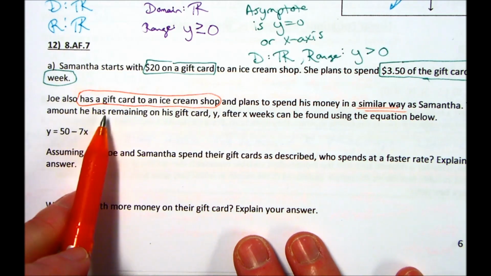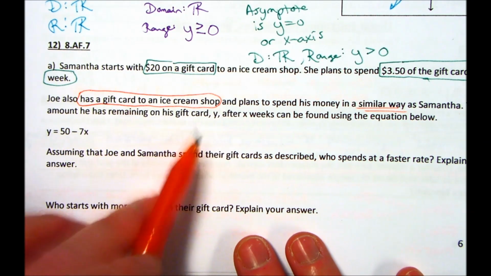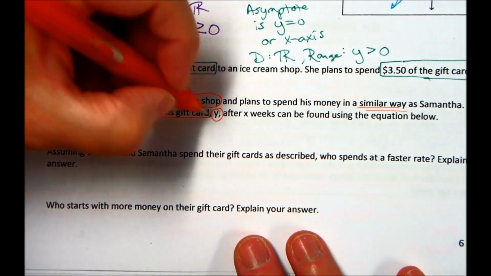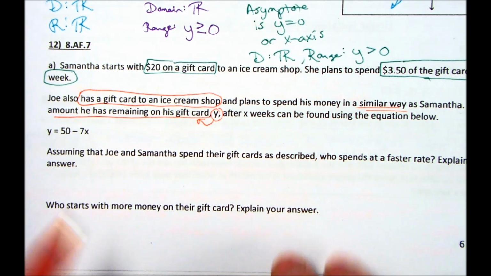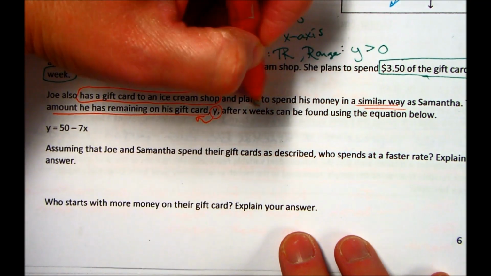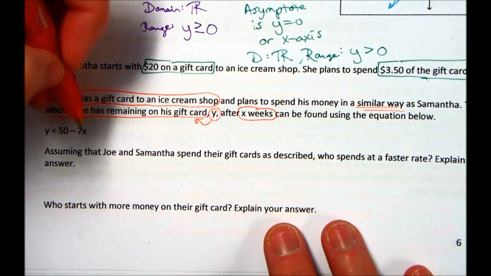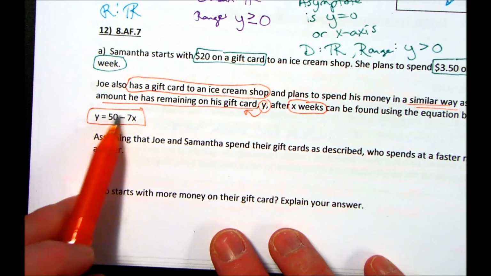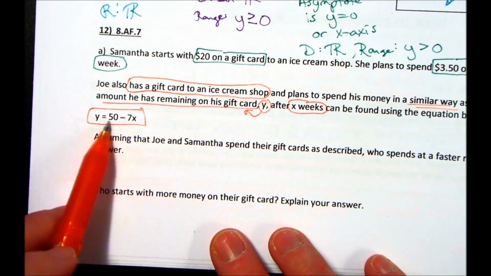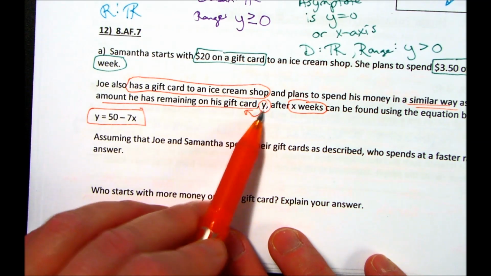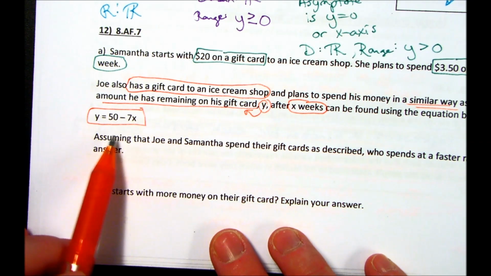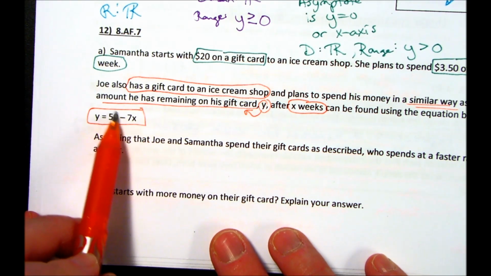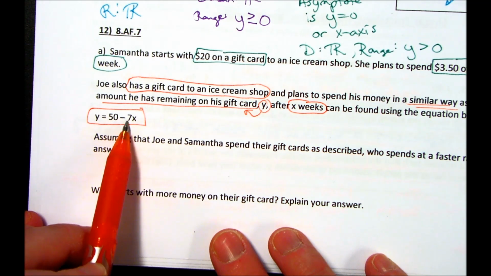The amount he has remaining on the gift card, y, so y is representing the amount he has remaining on the gift card. That's important, that you understand what the variables are. And after x weeks, so x is the number of weeks, can be found in this equation. So looking at the equation, can you see what these numbers are representing? Well, if y is the amount of money he has remaining on the gift card, and x is the number of weeks, it looks like he's starting with 50 and subtracting 7 each week.